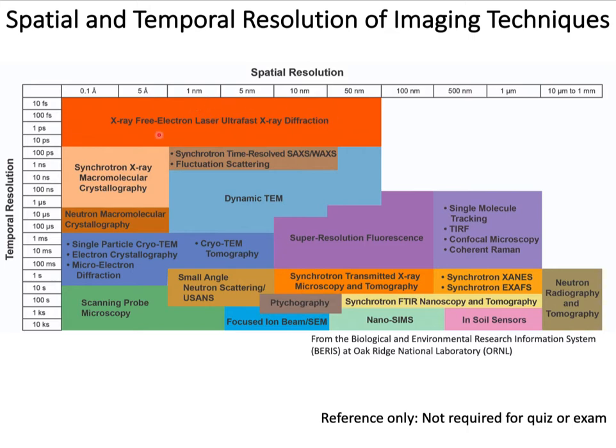It starts from the left at 0.1 angstrom, or 0.01 nanometer resolution, which is the atomic resolution, where you can visualize a single atom, to the cellular and tissue imaging resolution to the far right. The y-axis is the temporal resolution, which determines how fast of a dynamic event can be captured by an imaging technique, starting from the top at the femtosecond range to minutes range at the bottom of the scale.